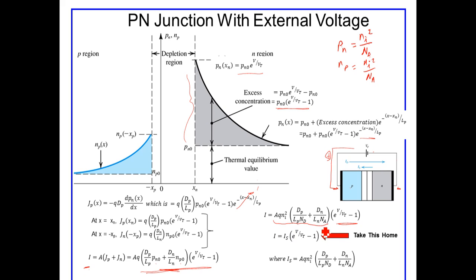Thus, this term right here, the constant multiplying the exponential term, must be this saturation current I_s, where I_s then is given by that formula. And finally, and this is where we've been working to get, this equation then becomes the equation relating the current flowing through the diode as a function of the voltage across the diode.